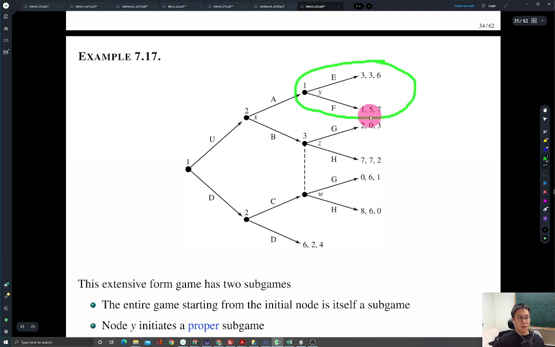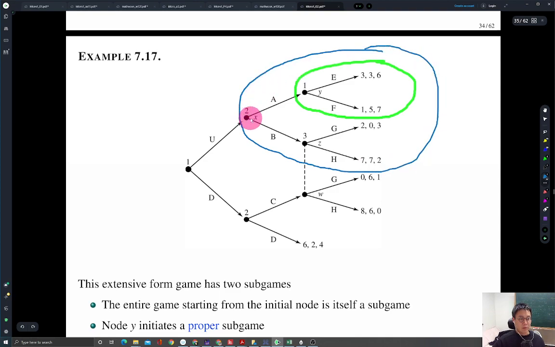But if we want to start from X, it should include all following nodes, these 4 nodes. So starting from node X, now we include every subsequent node like this. So this is one portion of the entire game.